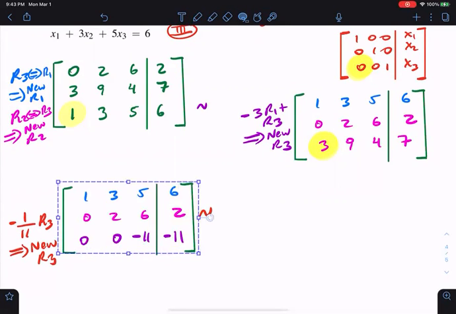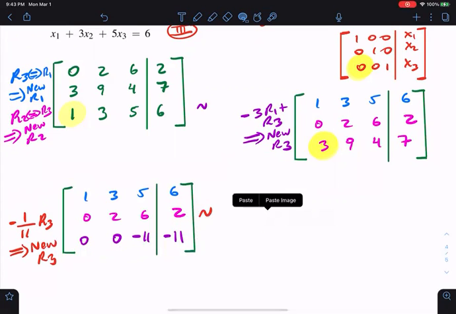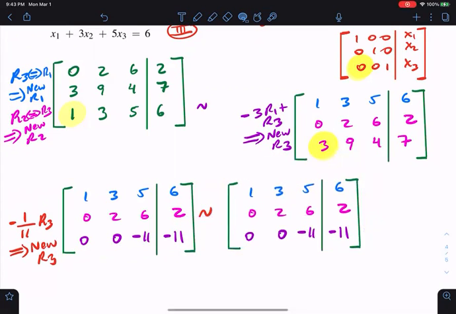Let's copy, paste. Okay, so if we multiply row 3 by -1/11, we get 0 times -1/11 is 0, 0 again, and -11 times -1/11 gives you 1, and again 1.